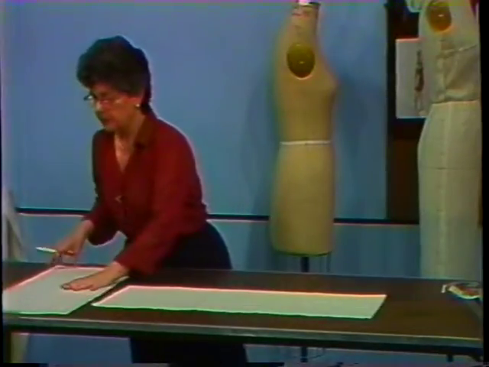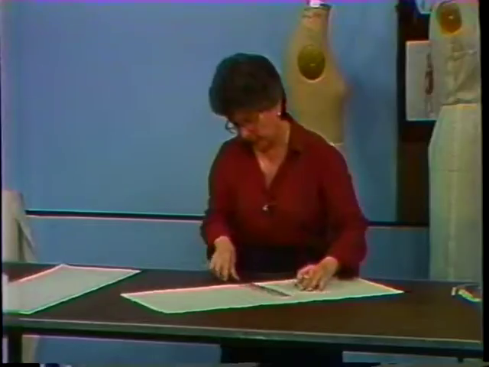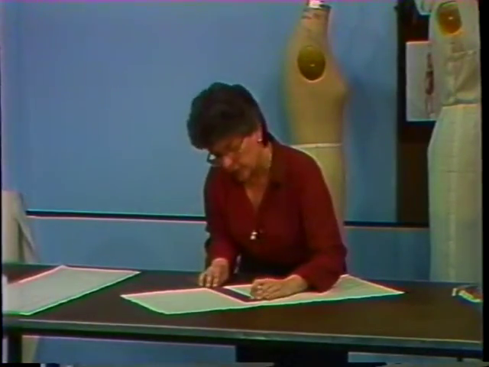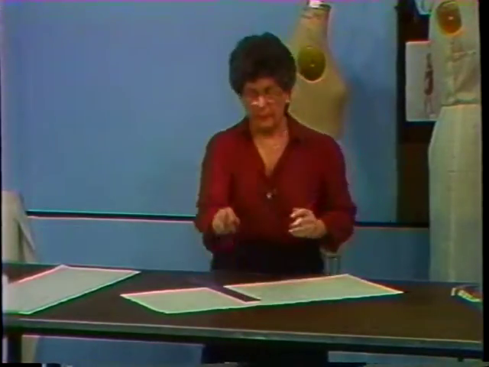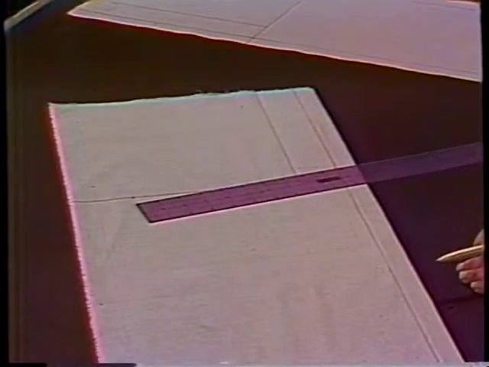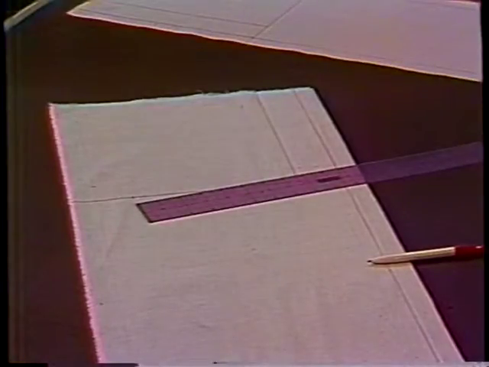Set the front aside for now, and working at the hip from the side seam, measure over to identify the center back seam with a cross mark. Let's just check the measurement again to make sure that it's correct.